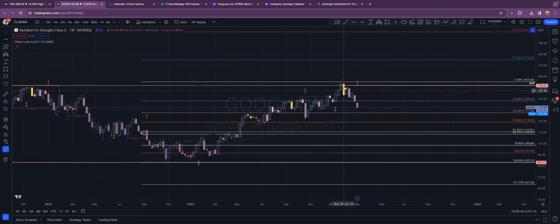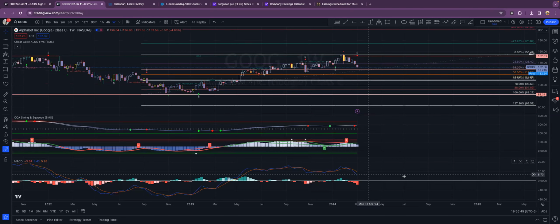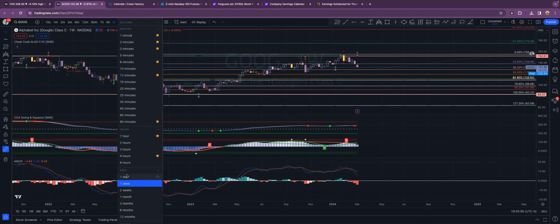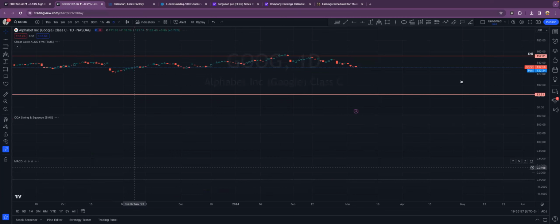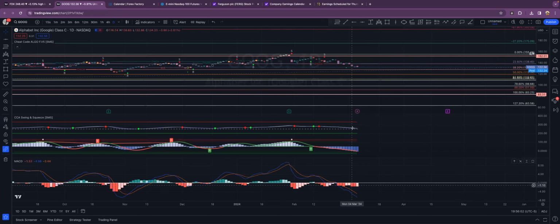Google coming down. Oh yeah, I like what it's doing on the weekly. I need for this thing to get below the 0 level. Definitely on the daily it is below the 0 level, right? As far as the MACD and everything. Now you was looking to swing it up, right?